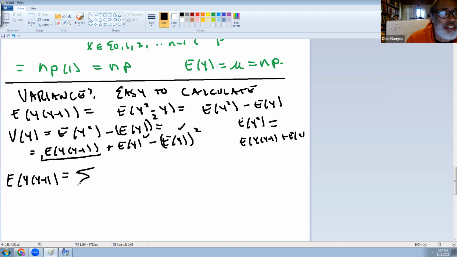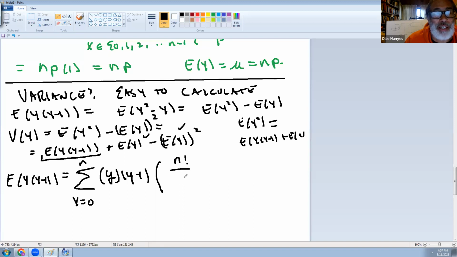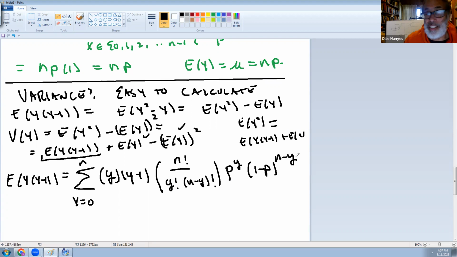Because if you sum this up from y equals 0 to n, we'll now have a y. We'll now have a y minus 1. And by the same shenanigans we did before, we have an n factorial divided by y factorial, n minus y factorial, p to the y, 1 minus p to the n minus y.